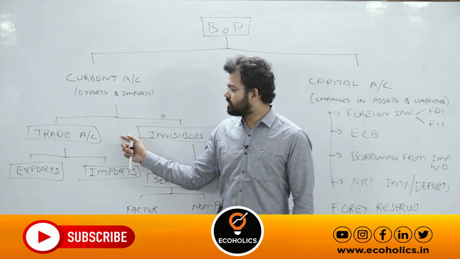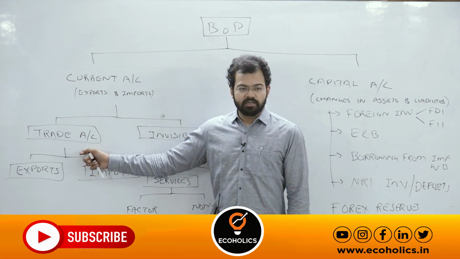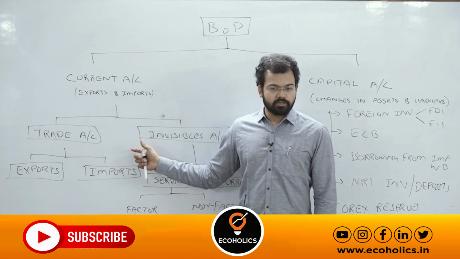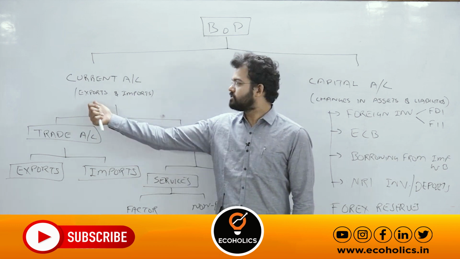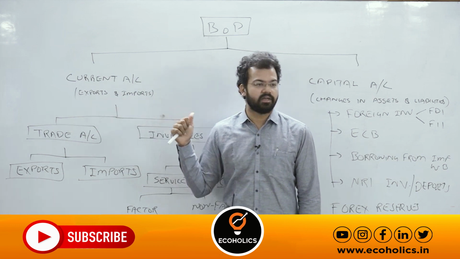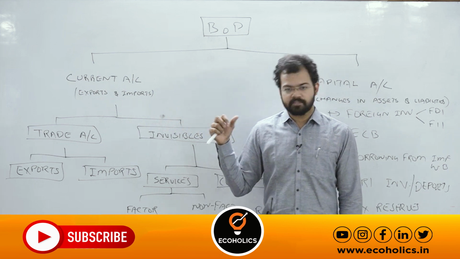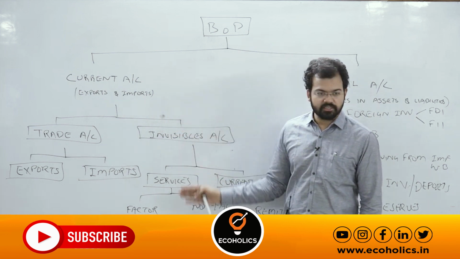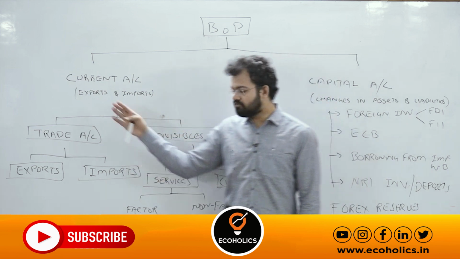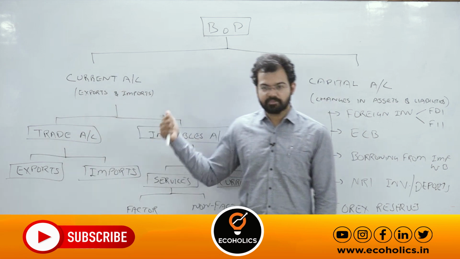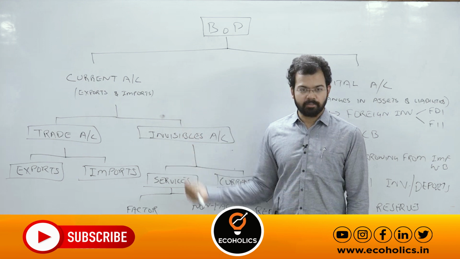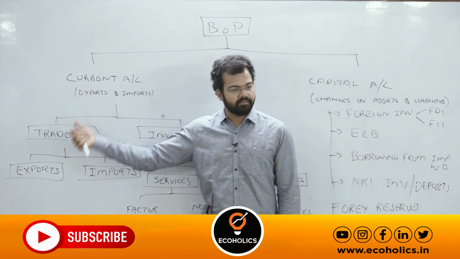If you take trade account and invisible account together, if there is any deficit, then it is known as current account deficit. Generally, India experiences a surplus on this side and a deficit on that side.